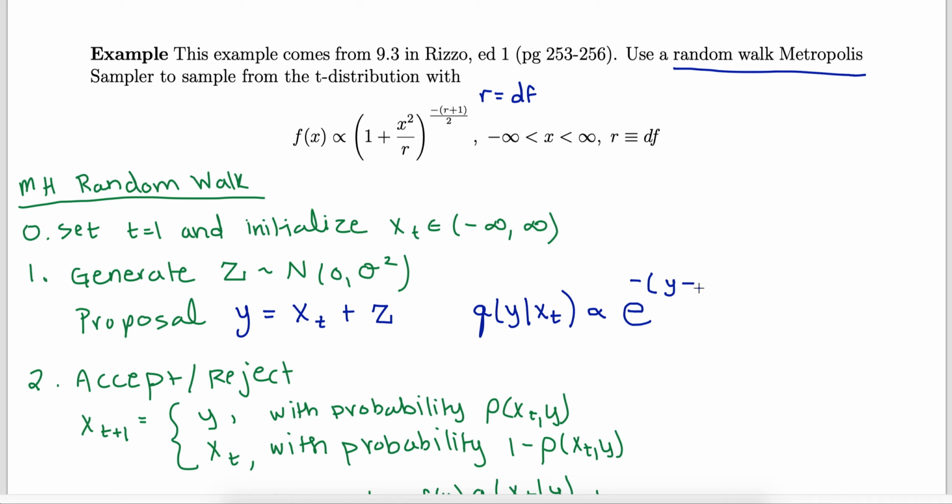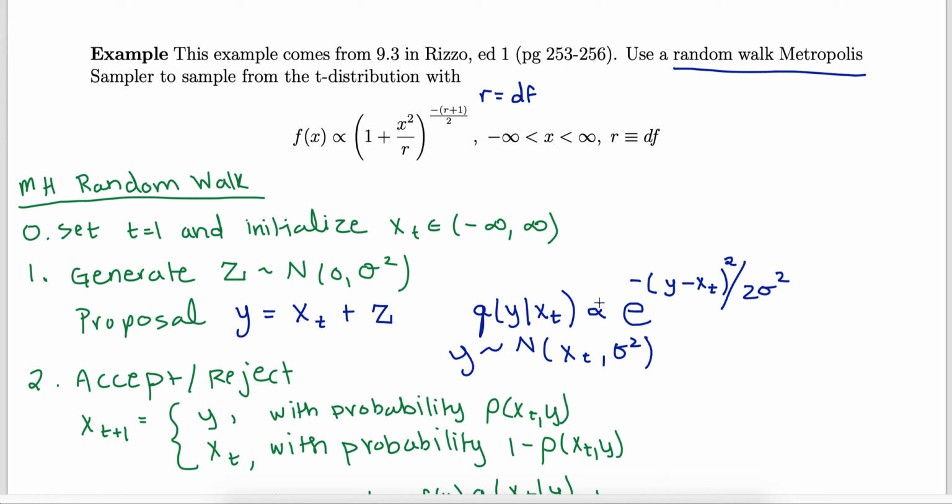So variable is y. The normal distribution for y is centered at xt, because I've just shifted this z. I've added xt to it, so I've shifted it by that much, squared over 2 sigma squared. So there's my PDF. This is a normal xt, sigma squared distribution. So that's the distribution of y given xt.